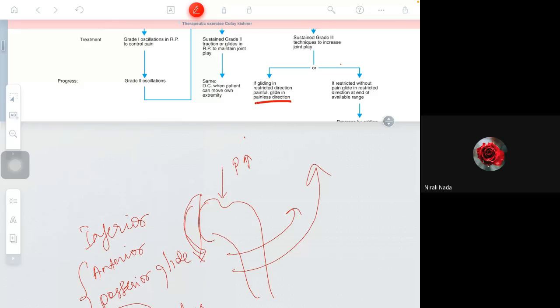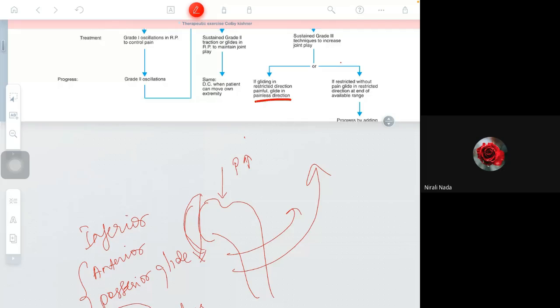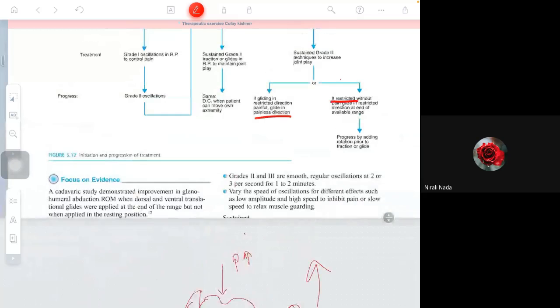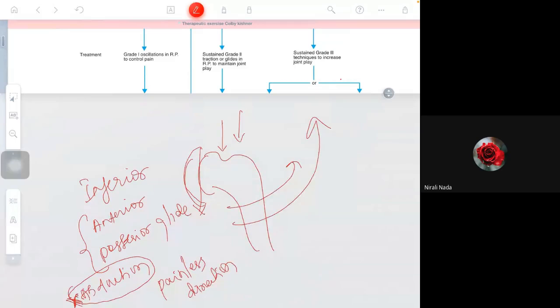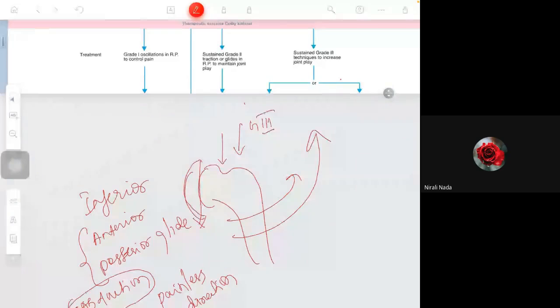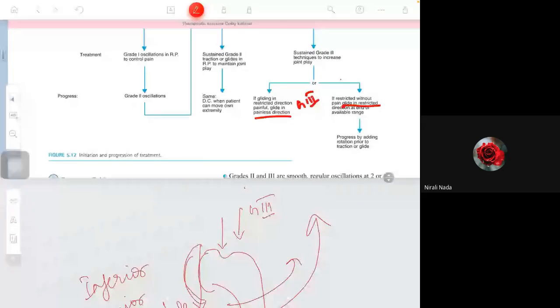Or if restricted without pain, that is, inferior glide is not painful, then you will glide in the restricted direction itself. First glide, this is grade 3. I am talking about grade 3 glide. Clear? Because here we are doing grade 3, and after grade 3 distraction, grade 3 glide should come.